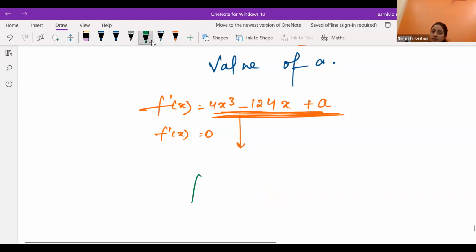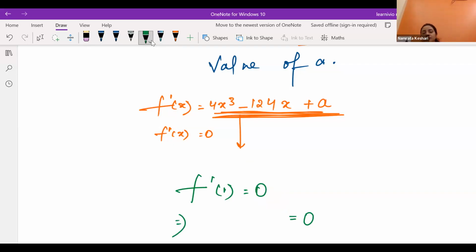Yes, ma'am. Any confusion, Fatima? No. We are getting the idea 1 must be the critical point. If 1 must be the critical point, then f dash 1 must be 0. And if we substitute 1 in place of x over here and compare it with 0, what are we going to get?